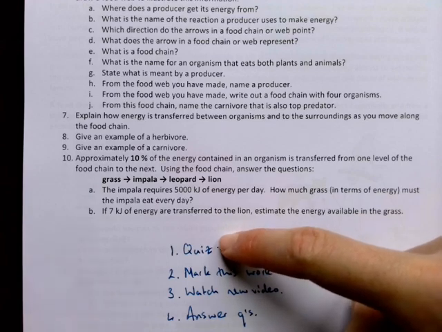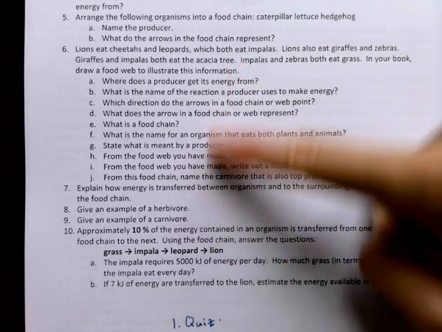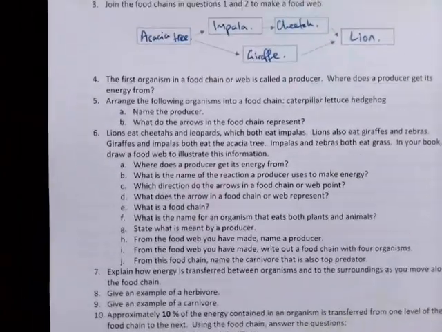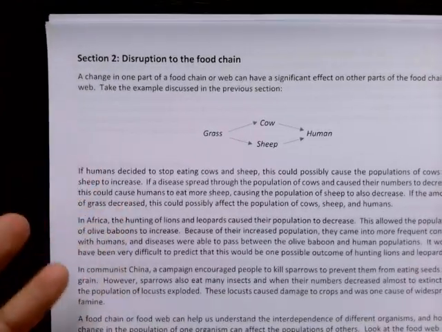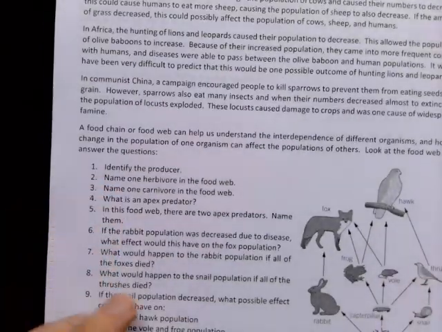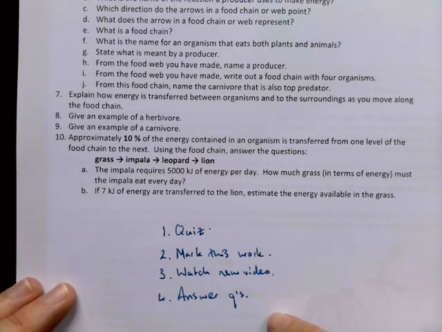You can do it every day if you want. Then you'll mark this work by watching a video where I explain the answers to these. Then you'll watch a new video, and the new video will be on disruption to the food chain. And then you'll have to answer some questions, and that'll be these questions. And then the week after, it'll be the exact same again. So every week will be just like this, all right?